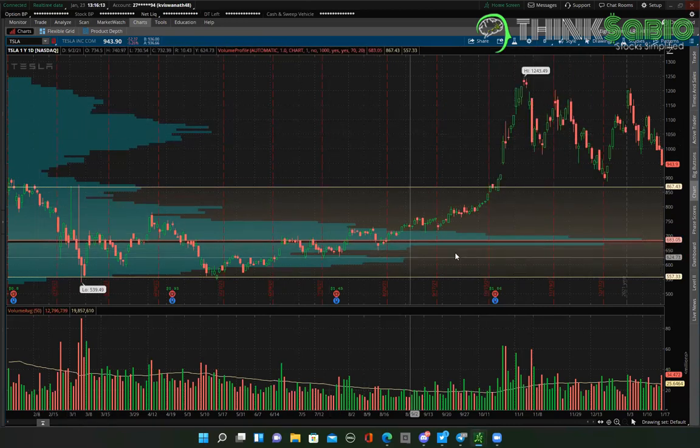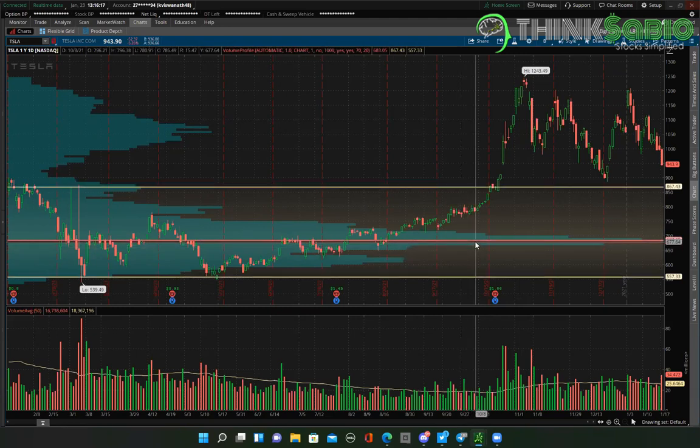In the last 1 year, if you want to look at which price point has a lot of volume, volume basically means us, people, institutions. So this is where we have the biggest volume in the last 1 year, $680.58.